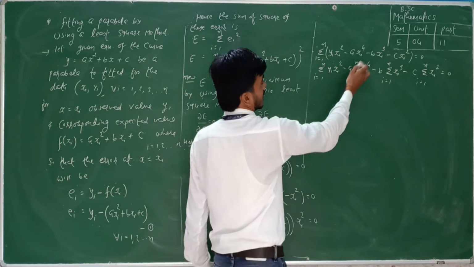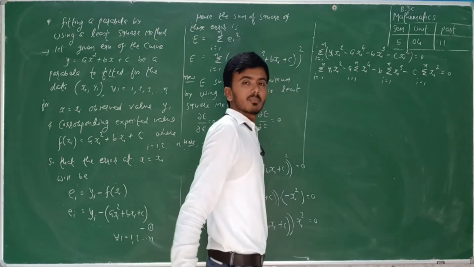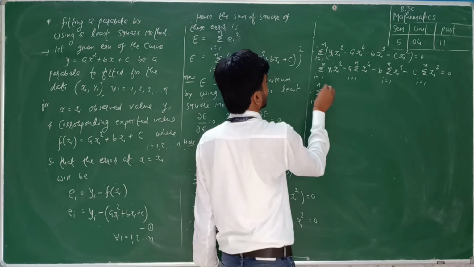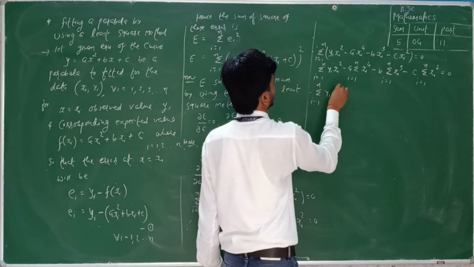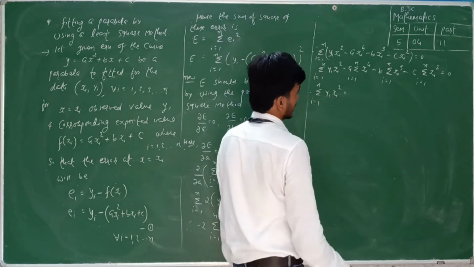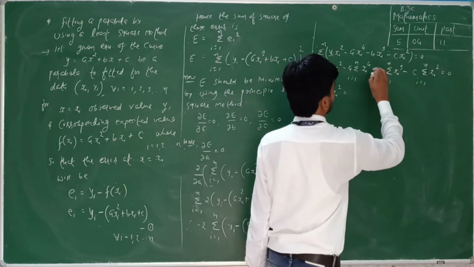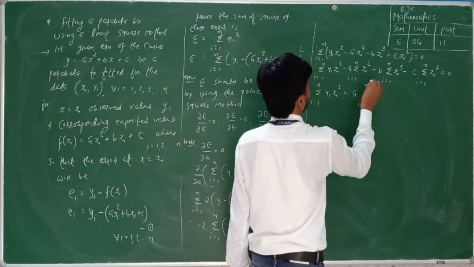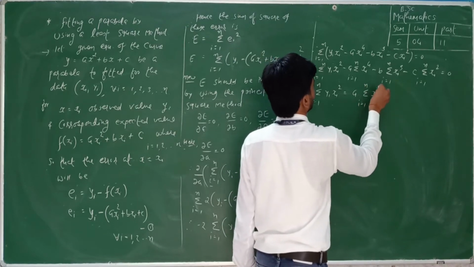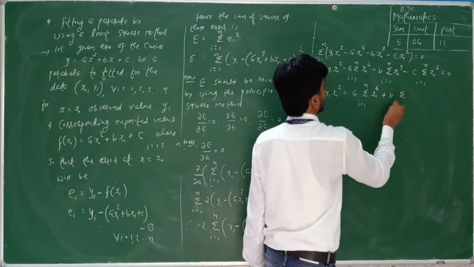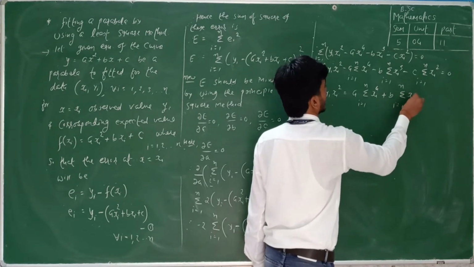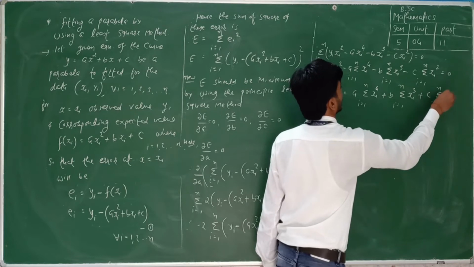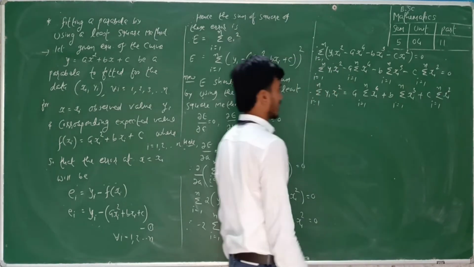The constants can all be written outside the sigma. So sigma yi into xi square is equal to, taking all these terms to the right side, a into sigma xi raised to 4 plus b into sigma xi cube plus sigma xi square.